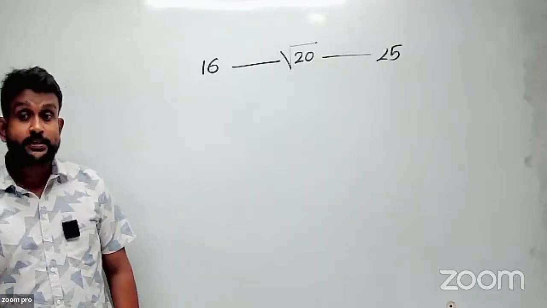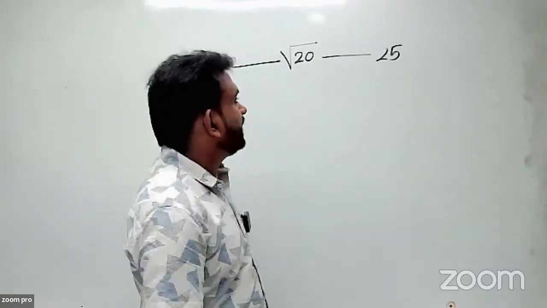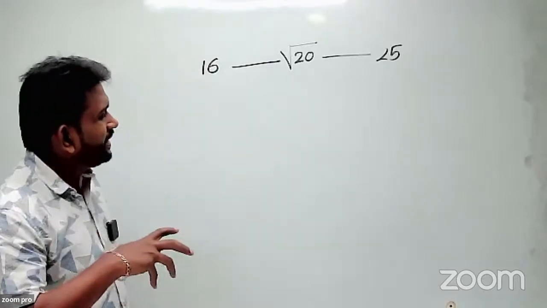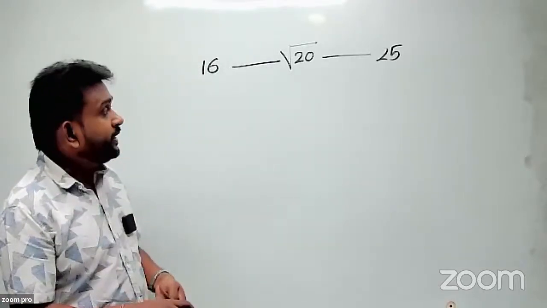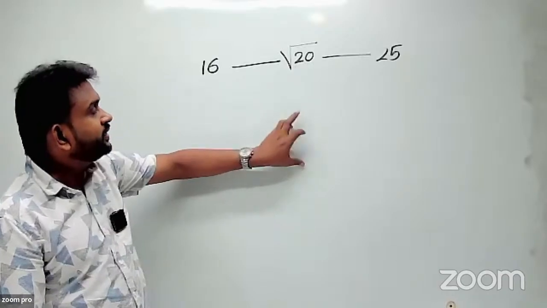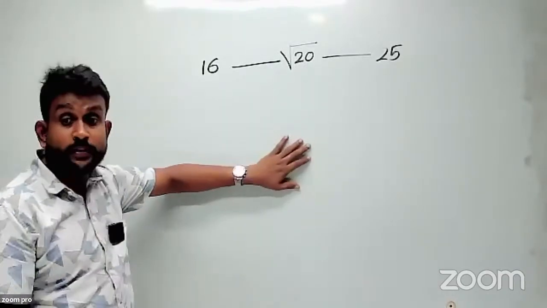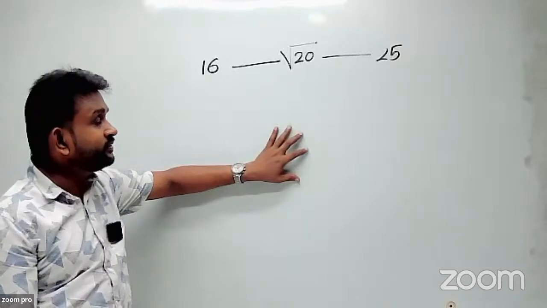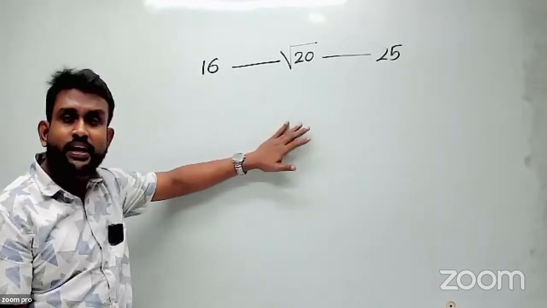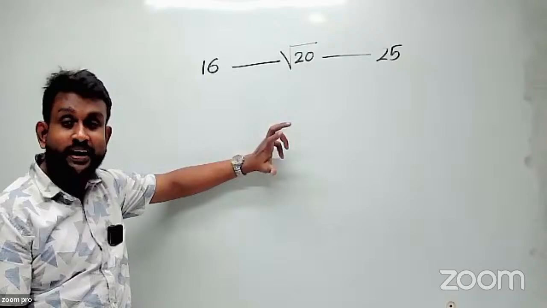Actually, the question should be worded differently, because some students have a problem. The root of 20 is 4 point something, but 4 point something is not between 16 and 25, so you will have some issue.